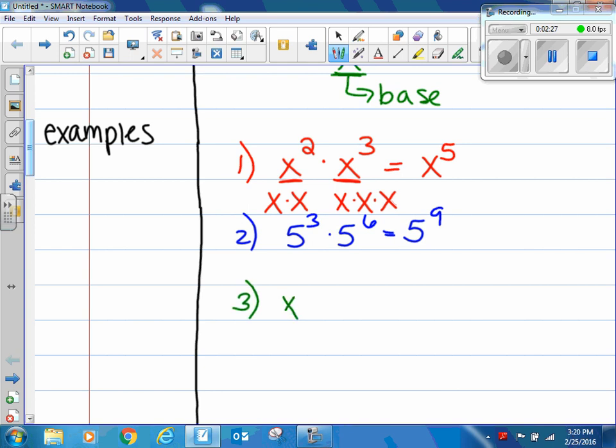Let's say you have x times x squared times x to the third times x to the fourth. The first thing we need to remember is that this x right here does have an exponent of 1. So when you add these all together, you have to add 1 plus 2 plus 3 plus 4, and that gives you x to the 10th.